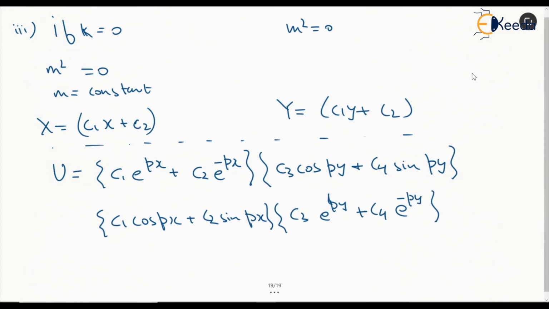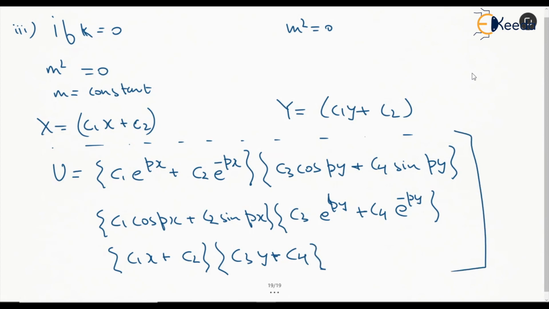The last is where both are linear, so c1 x plus c2 into c3 y plus c4. So these are the possible solutions.